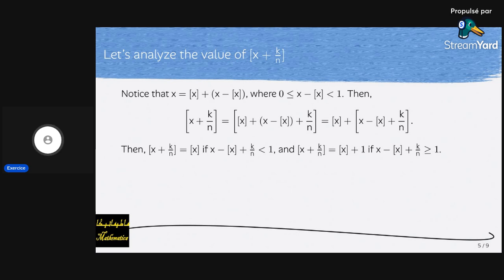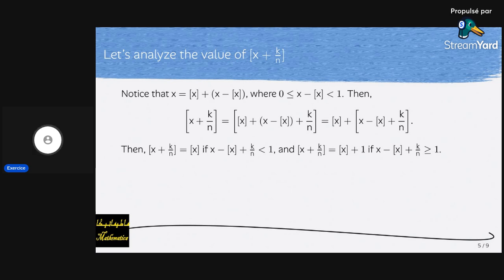Here the integer part of x is an integer, so we can take it out and we get the integer part of x plus the integer part of x minus the integer part of x plus k over n. Then we get two possibilities. Either this value is equal to 1 or is equal to 0.